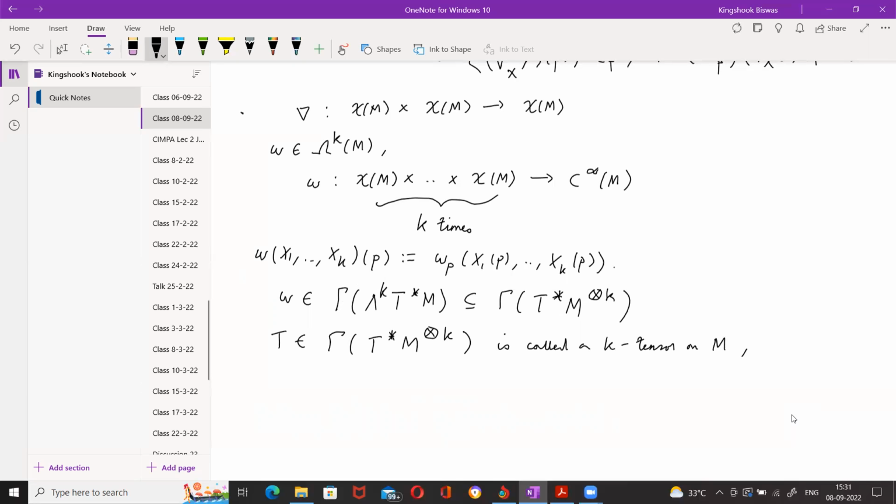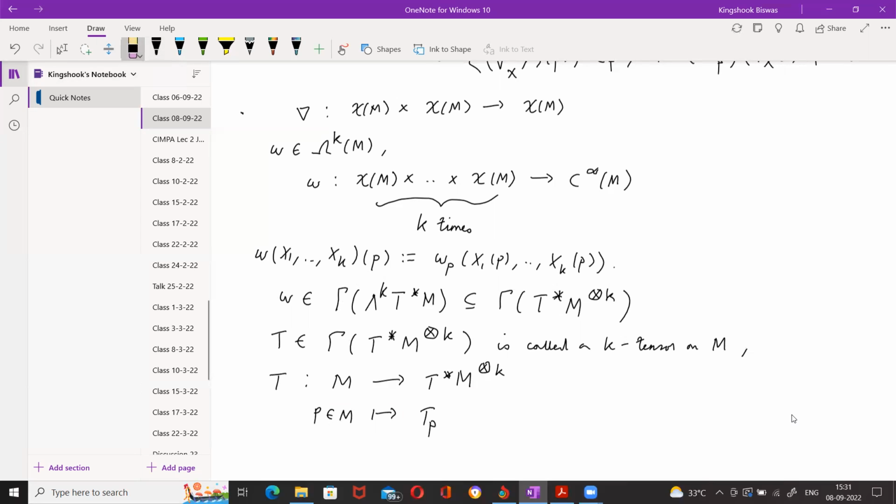Okay. So T is a map from M to T star M tensor K. P in M maps to T_P, which is, oh, my notation is bad here.